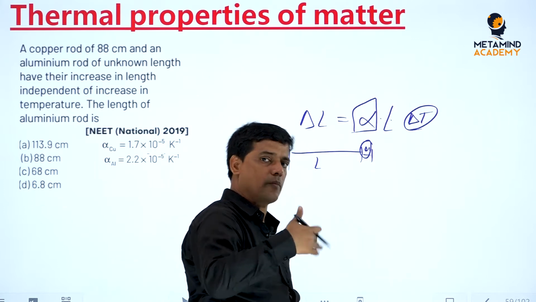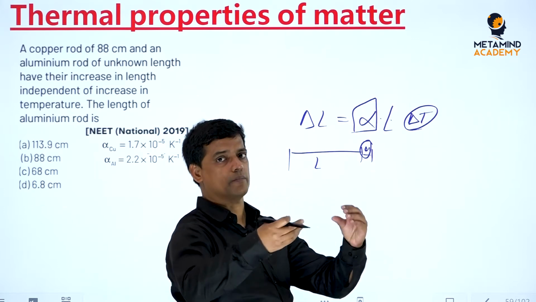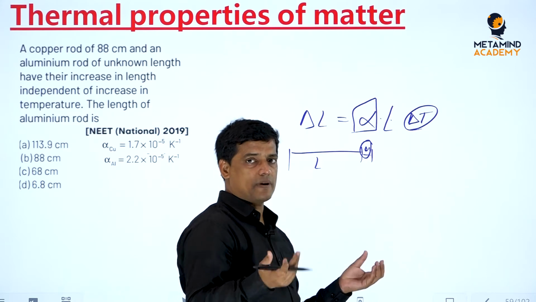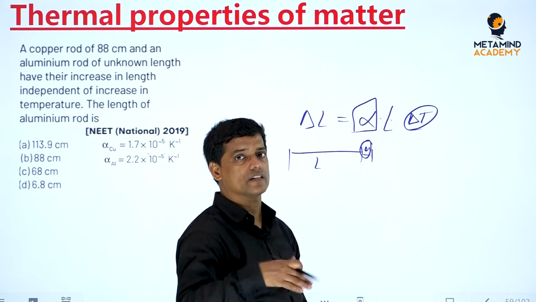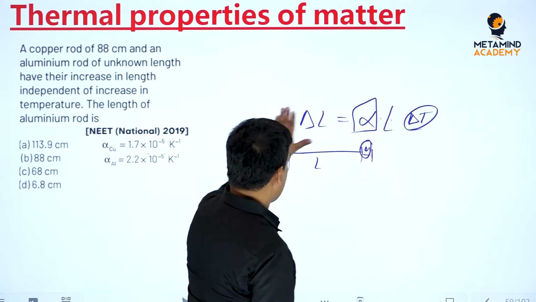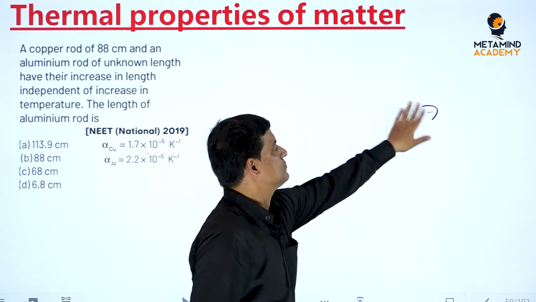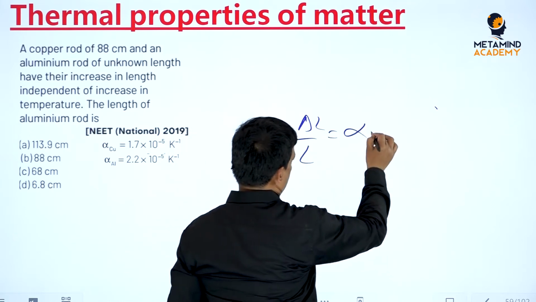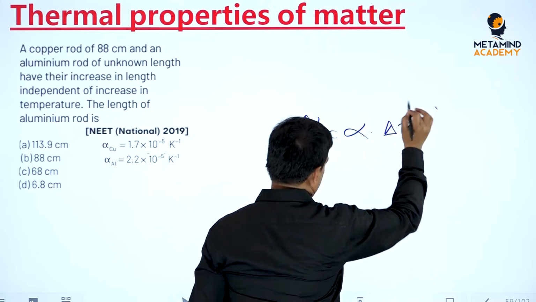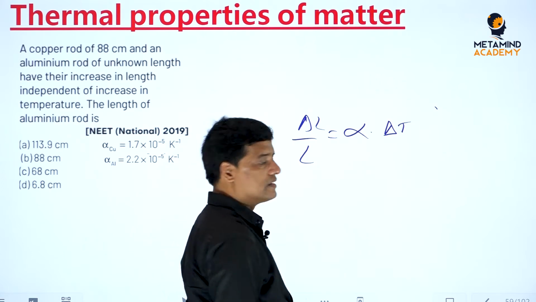That is basically the property of matter. It means for the same temperature, copper rod will expand differently, aluminum differently, iron differently. So it is the nature of the material as well, and the formula becomes delta L upon L is equal to alpha times delta T.